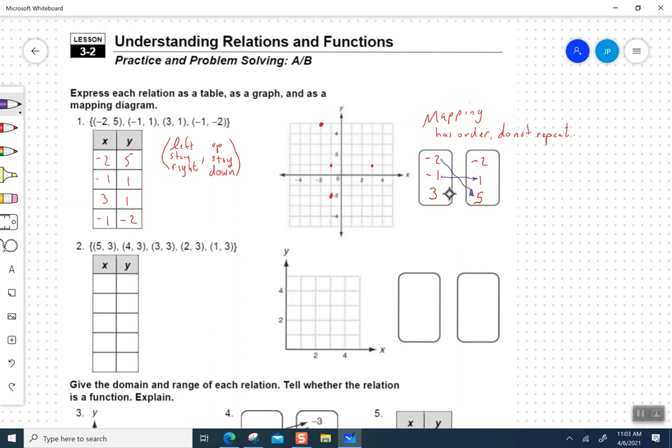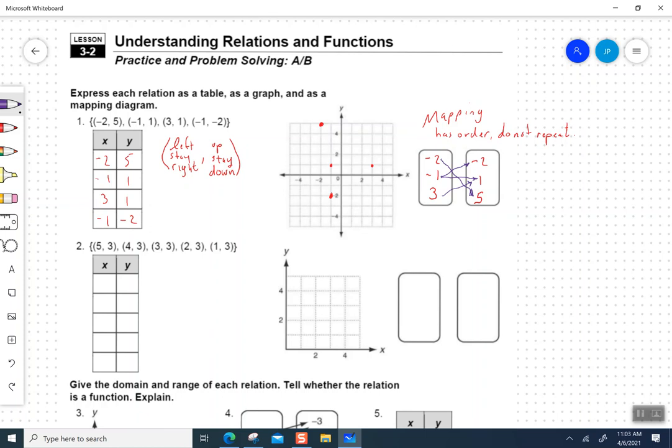Just like 3 goes to 1. And then -1 goes to -2. So there we go. That's what it's going to look like. Not the prettiest thing, but nobody said you had to be pretty.